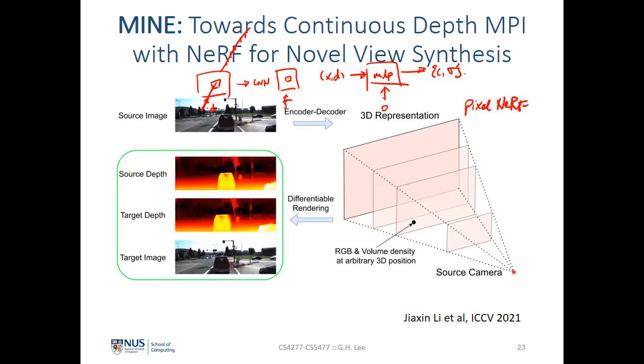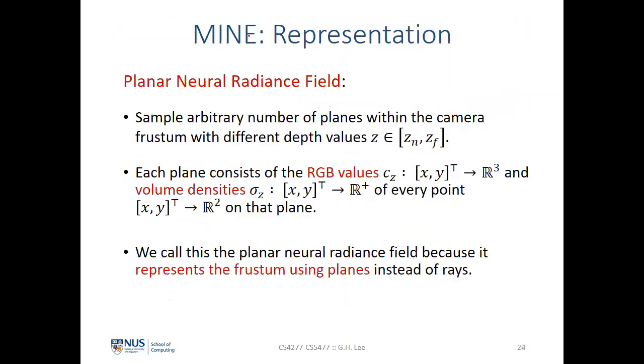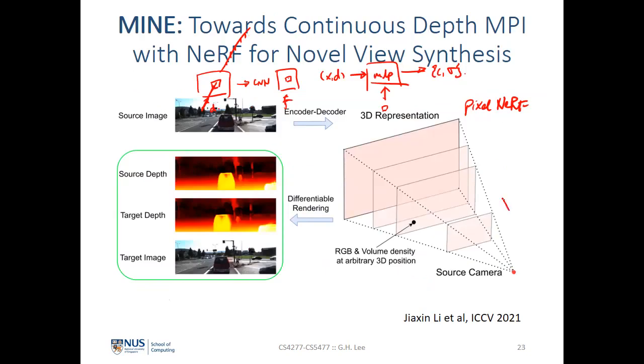So why not take MPI, and instead of sampling a ray, we sample a depth. That means we have this plane here, and we still have the direction, since it's frontal parallel, so we know the direction.